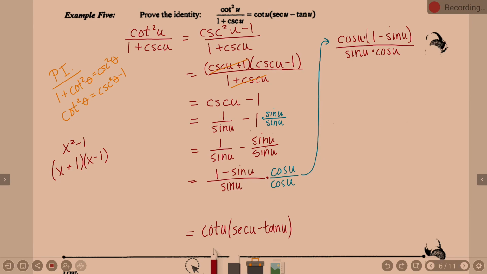So I can separate this out as cosine u over sine u, and I can do this because it's all just times, right? Times 1 minus sine u over cosine u. Cosine u over sine u is the cotangent we were so desperately looking for.